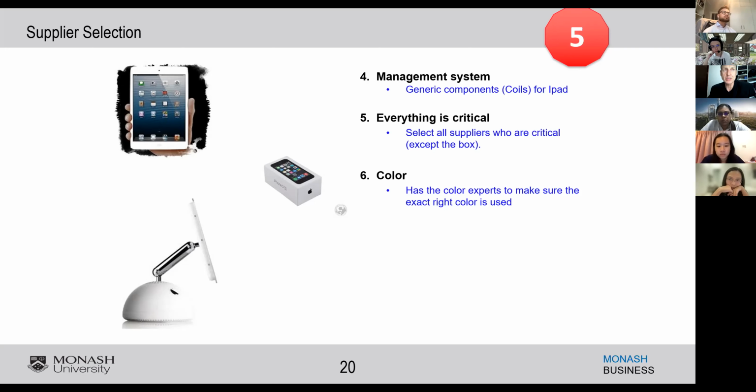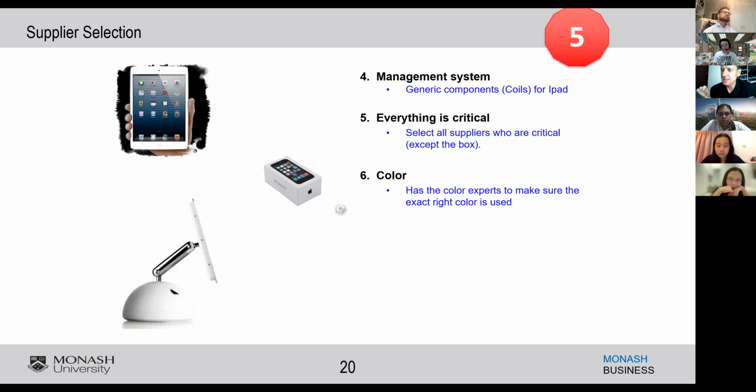So when I was talking to one of these engineers from Apple across the border in Shenzhen many years ago, we pulled out an Apple iPhone and we said, okay, let's have a look at this phone. So what about the screen? Is that critical? Critical. What about the cover? That's critical. What about the antenna?